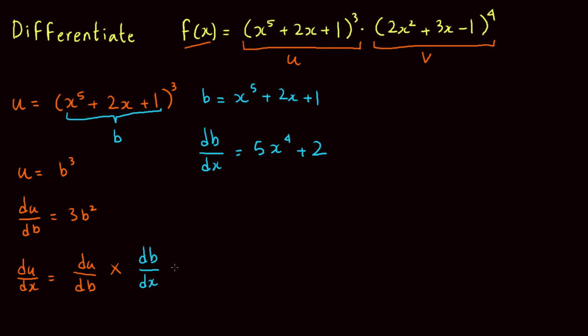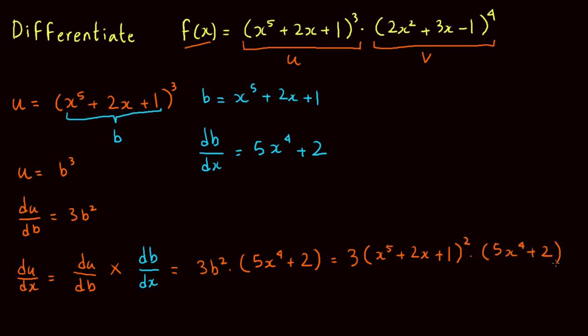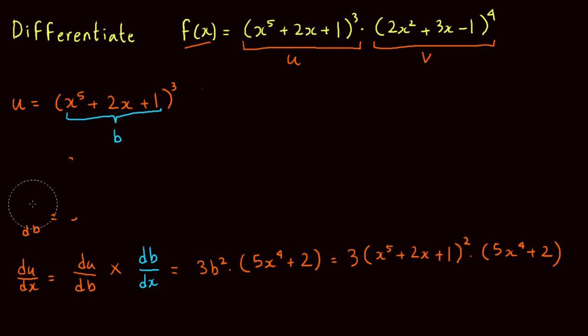So once we equate it together, du/db is just 3b^2 times 5x^4 + 2. And of course, once we replace b with the original function itself, it'll be 3(x^5 + 2x + 1)^2 multiplied with 5x^4 + 2. So that's du/dx. It's a bit straightforward, but that's how we end up getting du/dx.